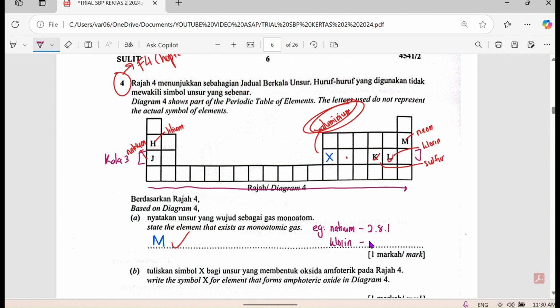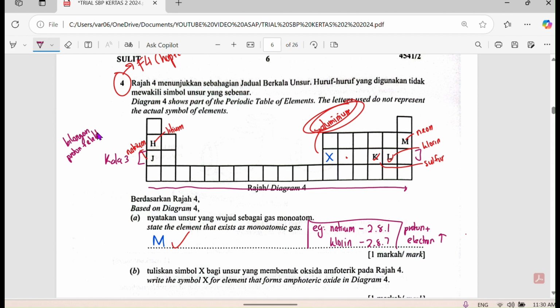Chlorine consists of 17 protons, 17 electrons, correct? Okay. Now, as I said earlier, it's proven already lah that when you move from left to right in period 3, your proton number as well as your electron number increases. Correct? Okay, simple.